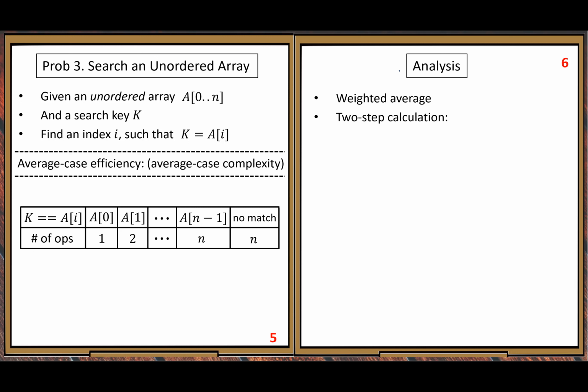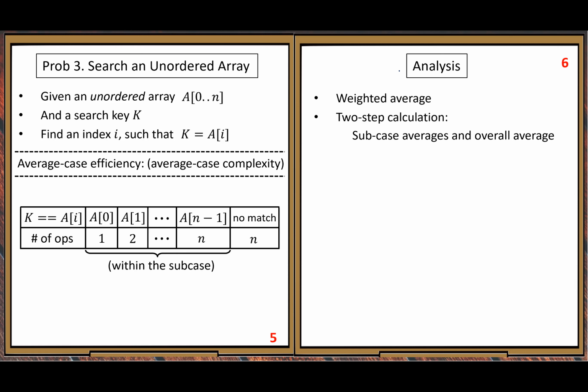For the matching case, what is the average? For the no match case, what is the average? Then we apply the weighted average on these two cases to get a final average. Subcase averages first and overall average second.